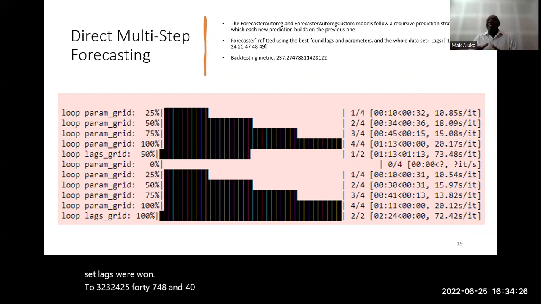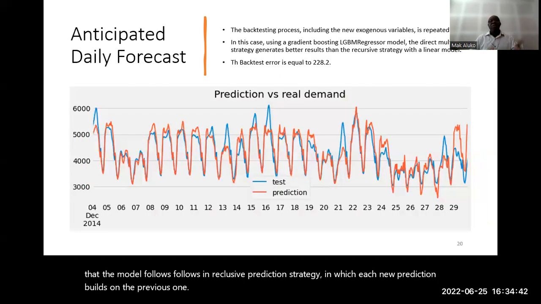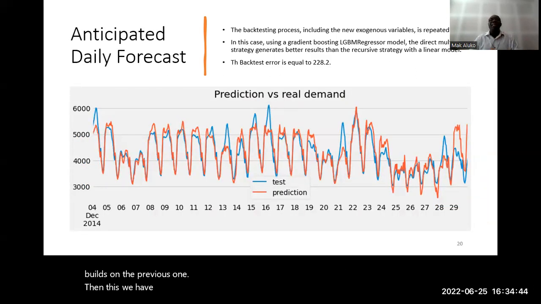And the good thing about the direct multi-step forecasting was that, unlike the recursive strategy in which each new prediction builds on the previous one, each horizon is predicted directly. Then we have an anticipated daily forecast, and the backtesting process, including the new exogenous variables, was repeated.